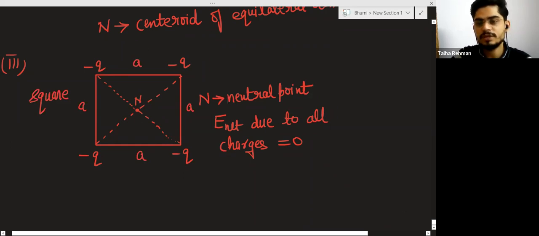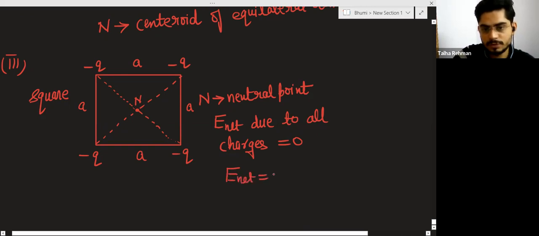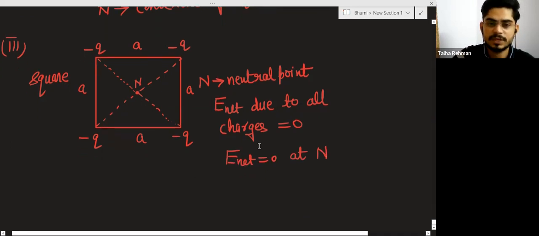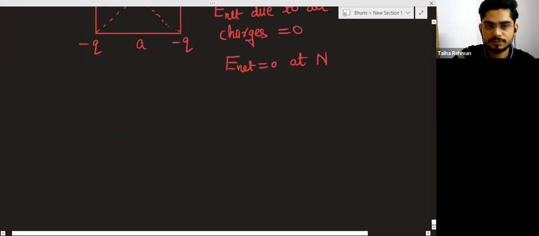So here we can say at the center of a symmetrical system, the electric field is 0 at N. N is the center point of the square.